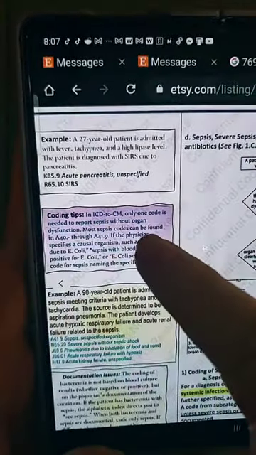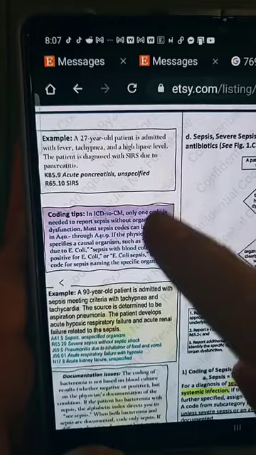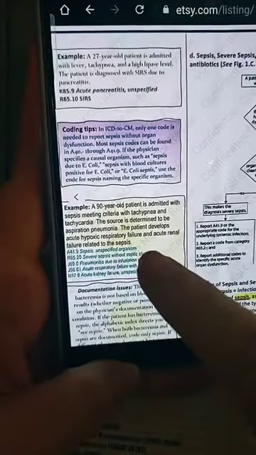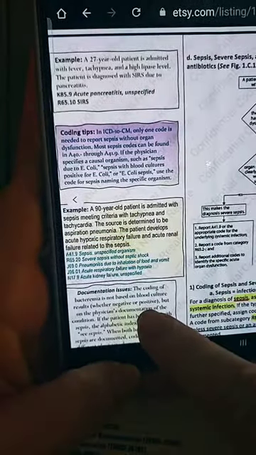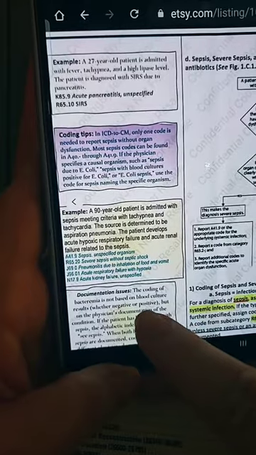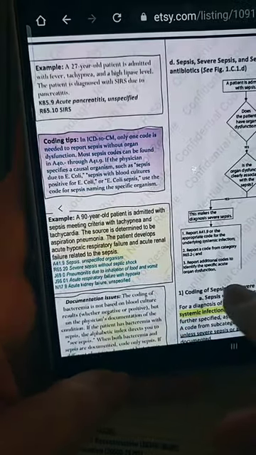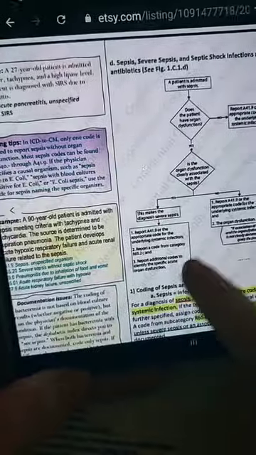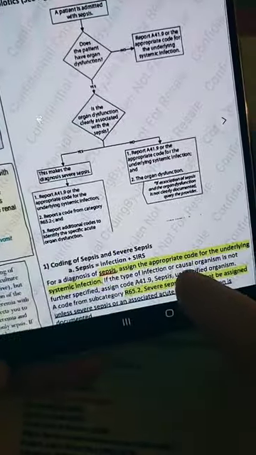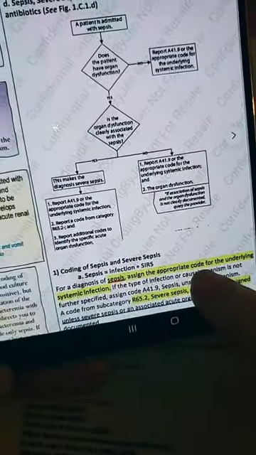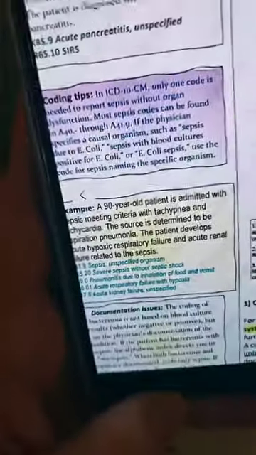As you can see, it's going to have coding tips to the side, examples of how to code it, and any documentation issues that might come up with that particular guideline, it'll tell you. And then I still have it all highlighted like you should do in your book, so that you'll know how to continue on doing it that way. But I did the guidelines that way.